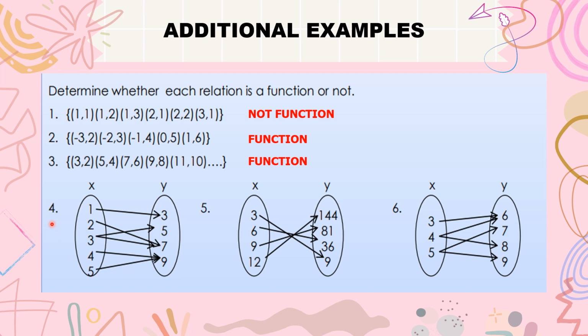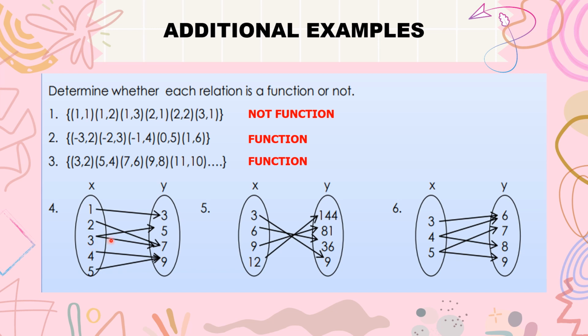So let's have number 4. So let's check the x values kung may na-repeat na na-pair sa ating y values. So yung 1, minsan lang siya nagamit, na-pair lang siya sa 3. Yung ating 2, na-pair lamang siya sa 7. Ngunit yung 3 na domain natin or yung value ng x natin na 3, dalawang beses siya nagamit.